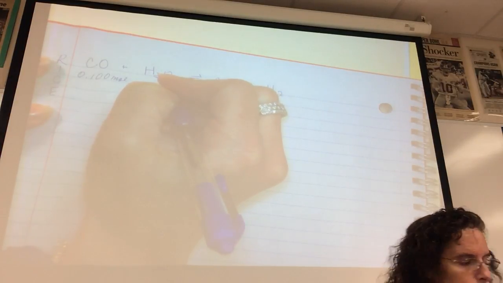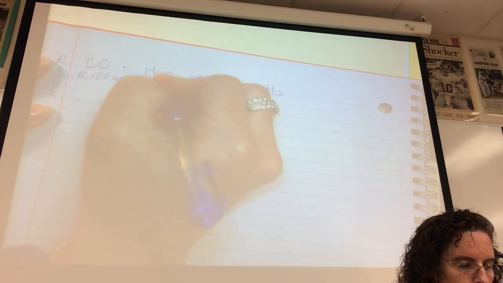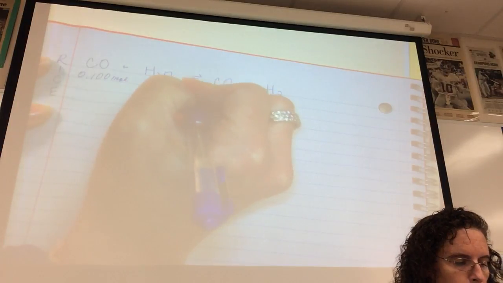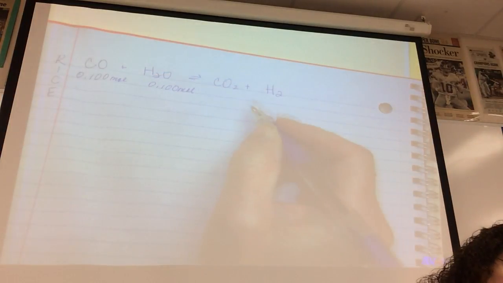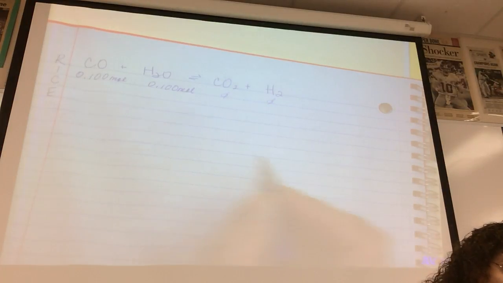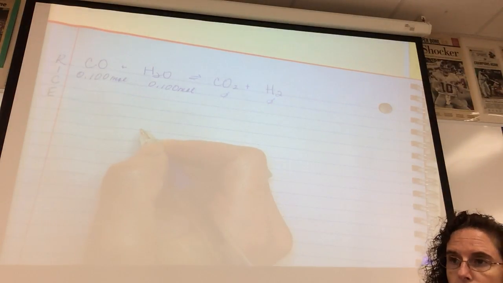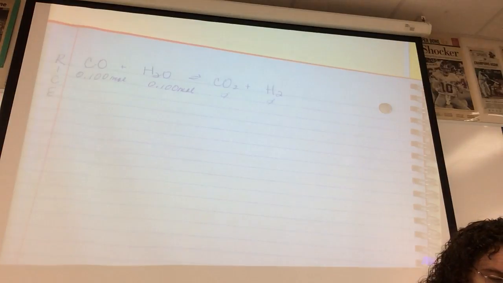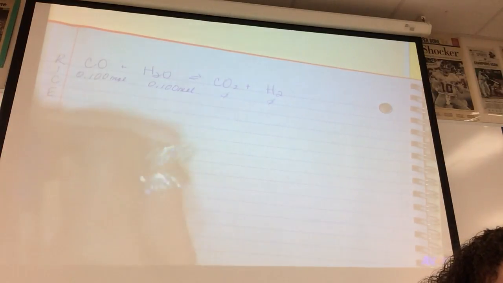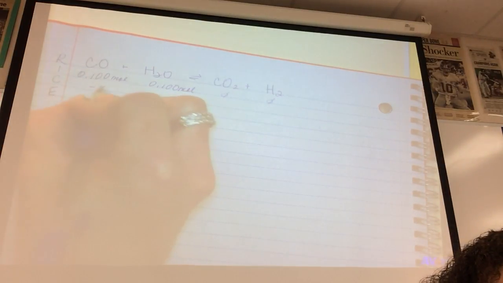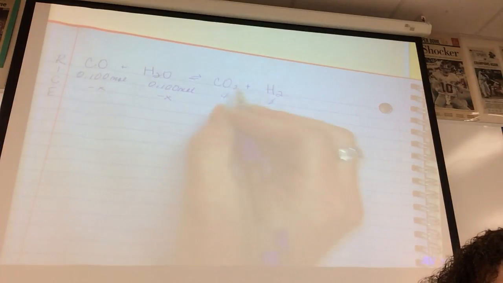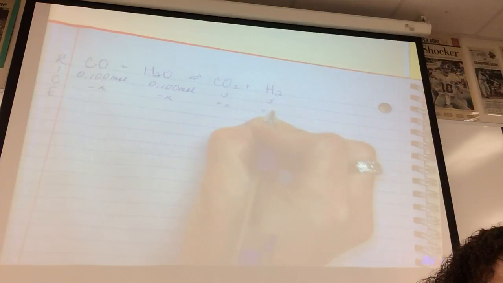Same thing? Do we have any product? Nope. If they don't tell you, just assume it's none. What are we going to subtract from each of the reactants? X. And what are we going to add to each of the products? X. What else do they tell us?